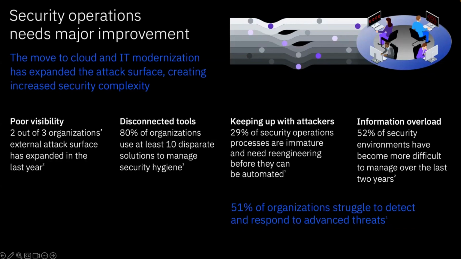An attack surface refers to all the possible entry points that a malicious actor or hacker could exploit to gain unauthorized access to a system, network, or data. If I could give you an analogy, an attack surface is like all the doors and windows in a house that a thief could use to break in, right?